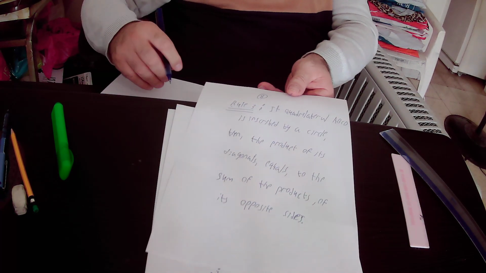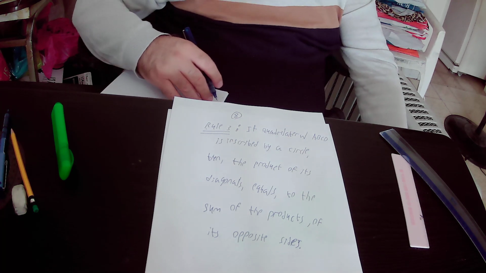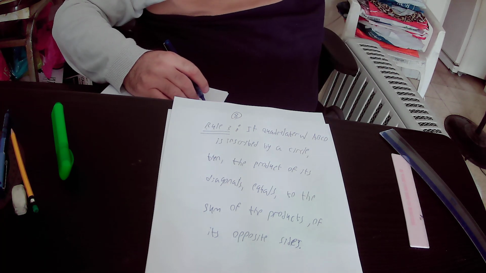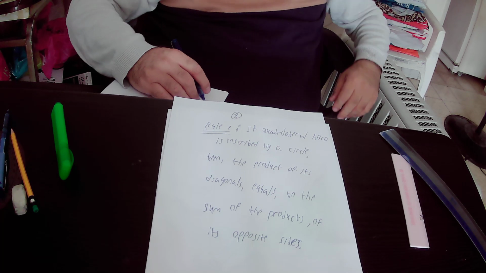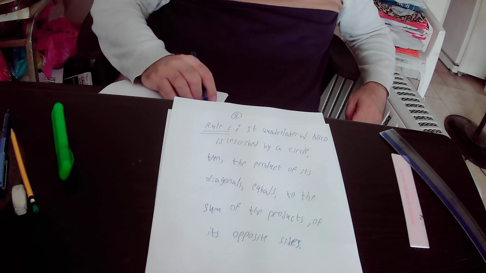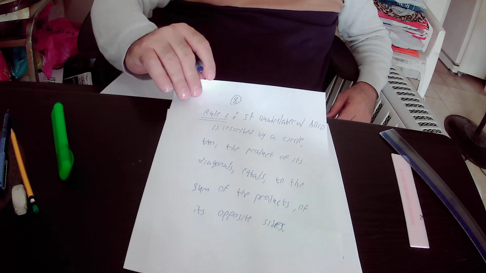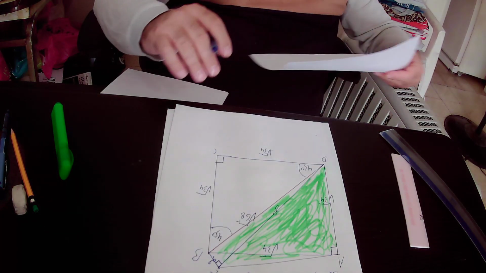So I will read rule number 3 again. According to rule number 3, if quadrilateral ABCD is inscribed by a circle, then the product of its diagonals equals the sum of the products of its opposite sides. So what is the meaning of rule number 3?